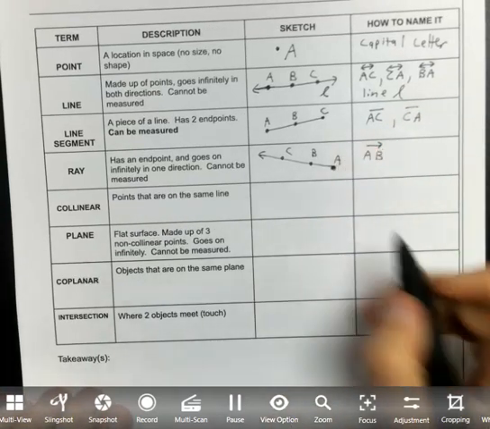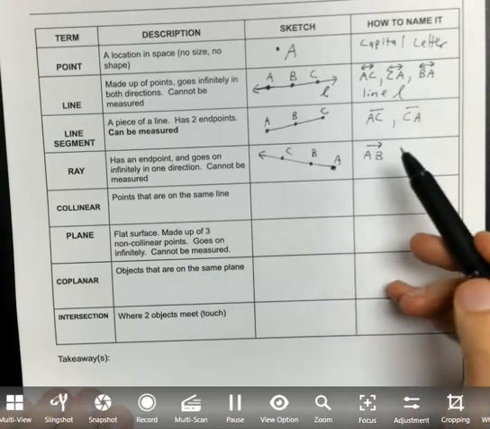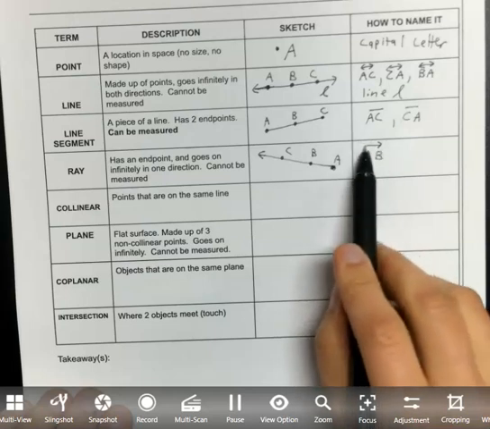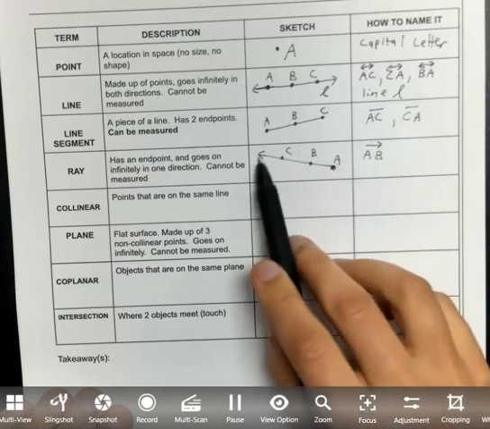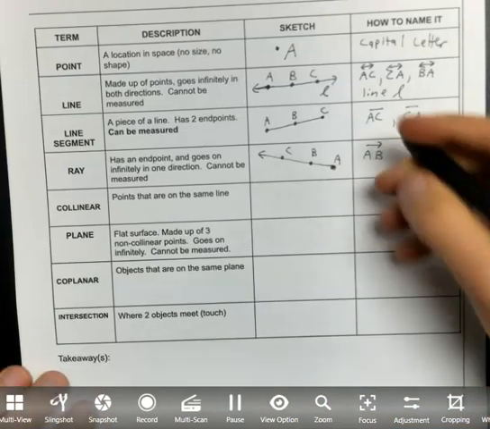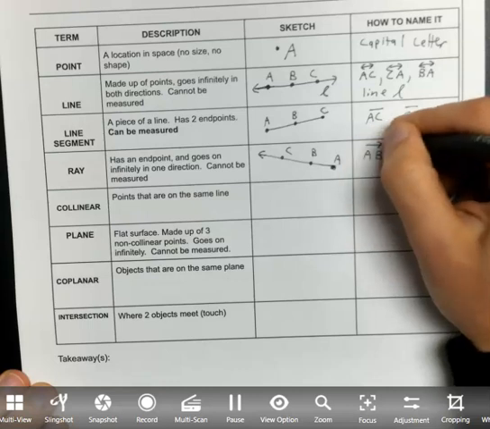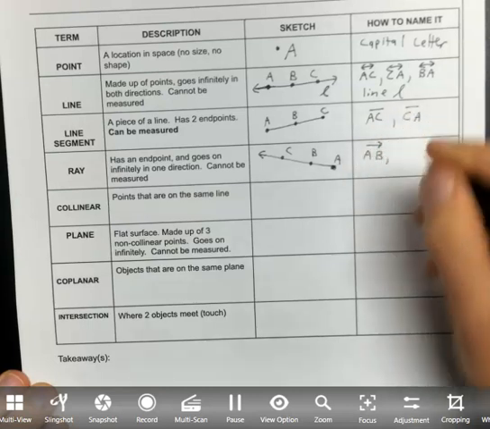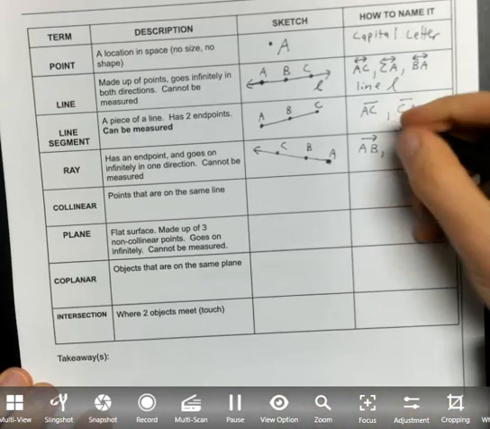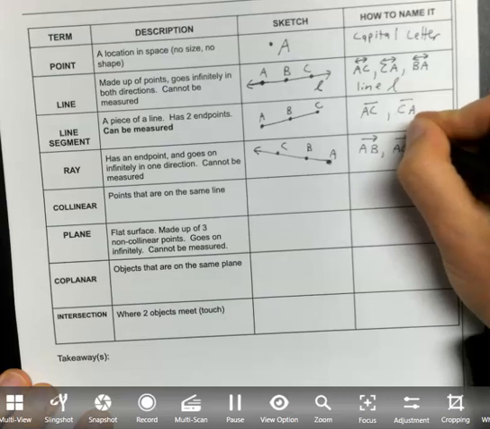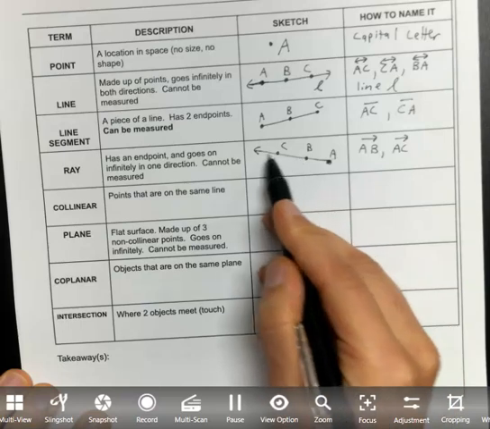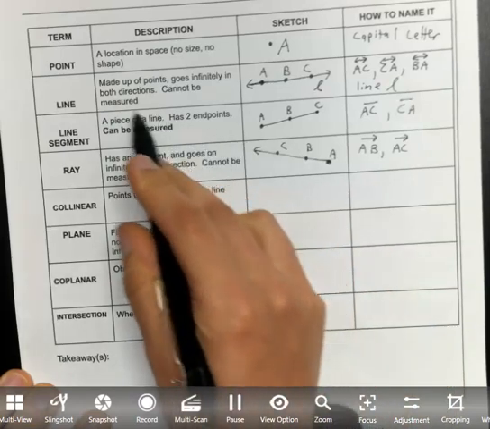And then on top of it, I draw a ray. And you might be like, why is the arrow not pointing in this way? No, when we name a ray, our arrow is always pointing this way, even though in my picture right here, my ray is pointing this way. Okay? So, ray AB goes like that. Or I could also say ray AC, because if I say A, B to infinity, eventually it'll hit point C and any other point that's there.